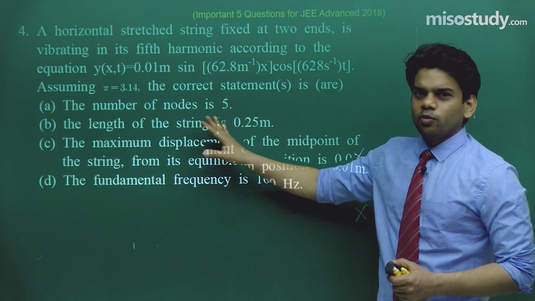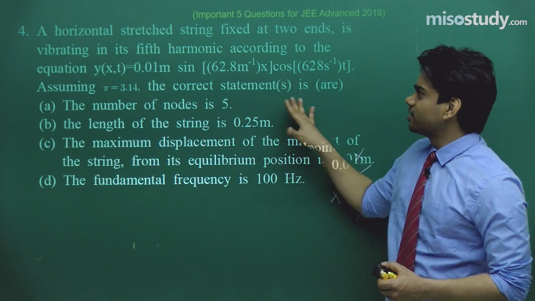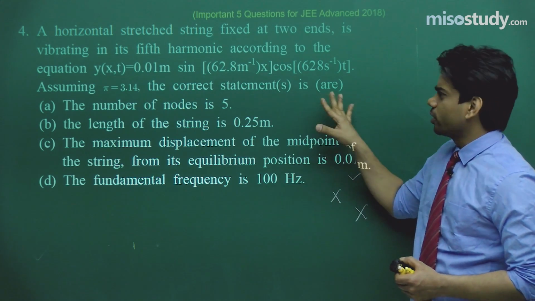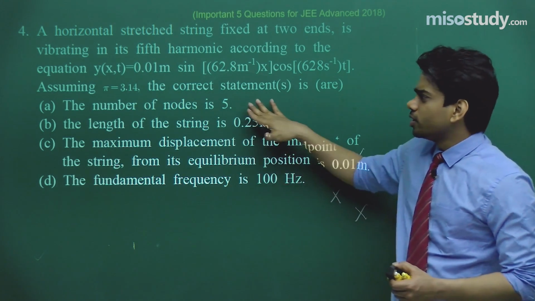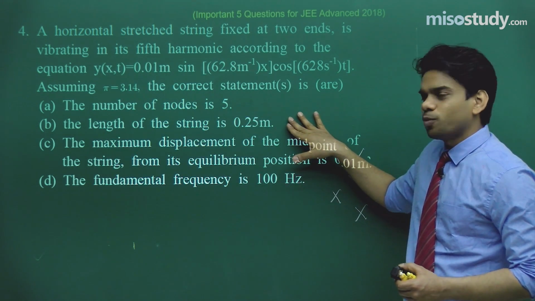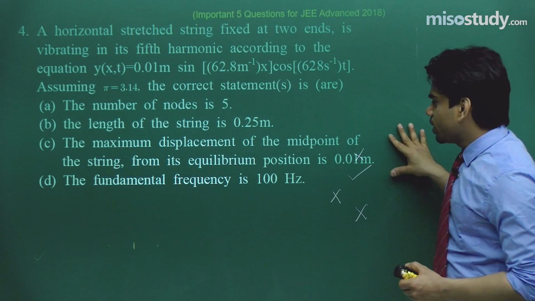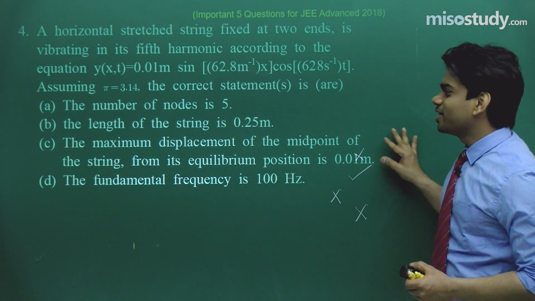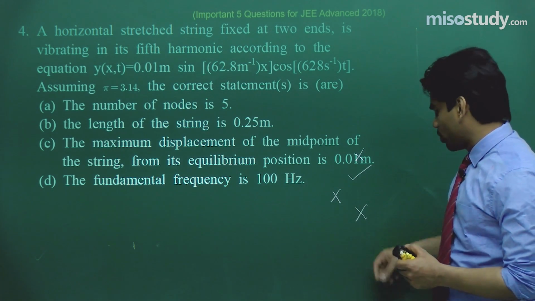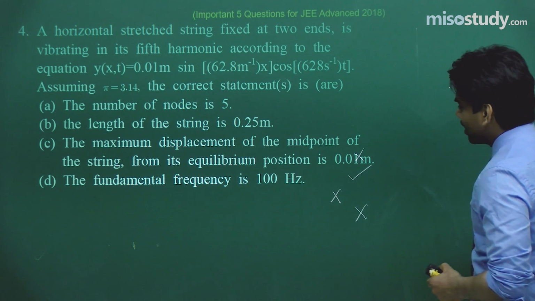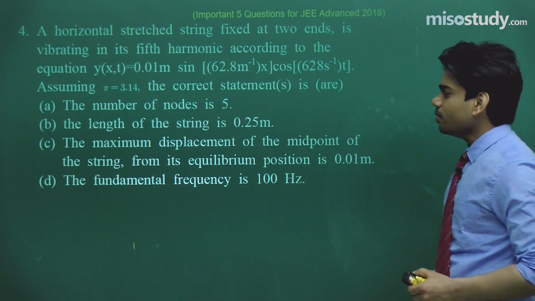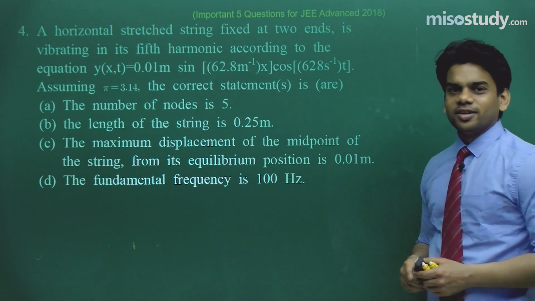Assuming pi equals 3.14, the correct statement can be only one or it can be more than one. The number of nodes is 5, the length of the string is 0.25 meter. The maximum displacement of the midpoint of this string from its equilibrium position is 0.01 meter. Let me rub this part that we have done. The fundamental frequency is 100 hertz.